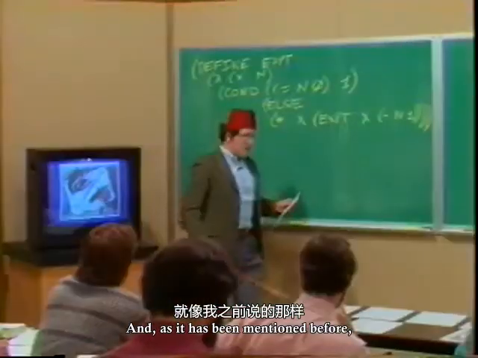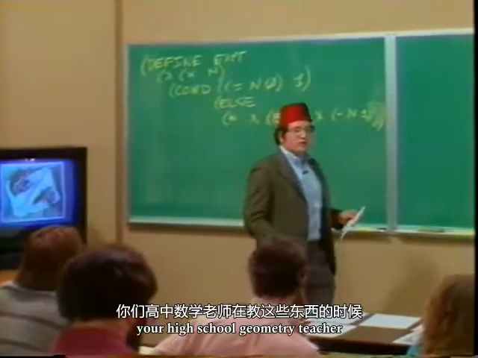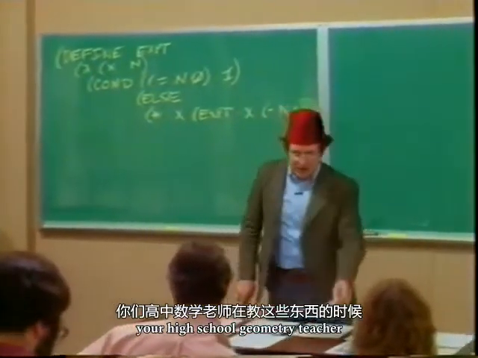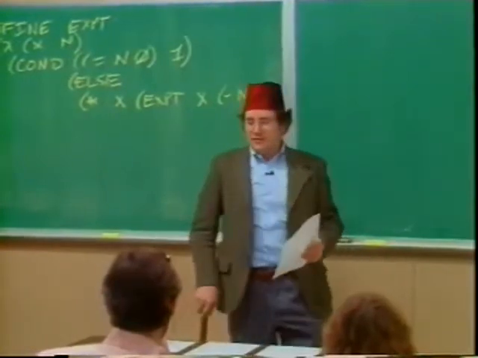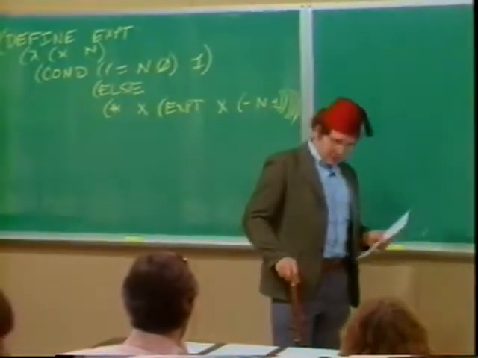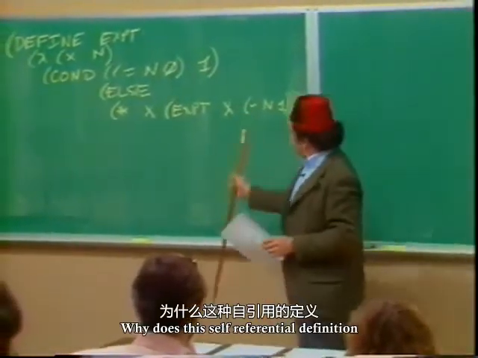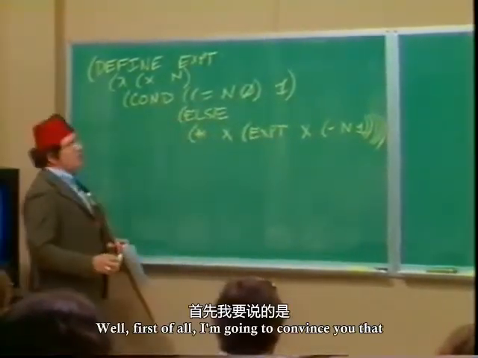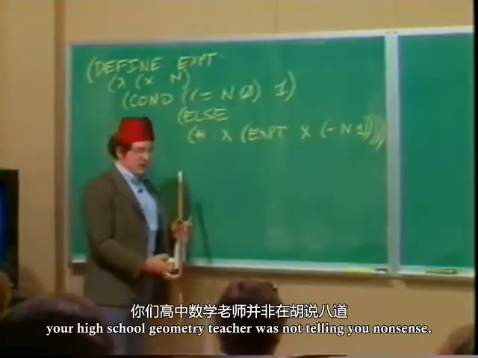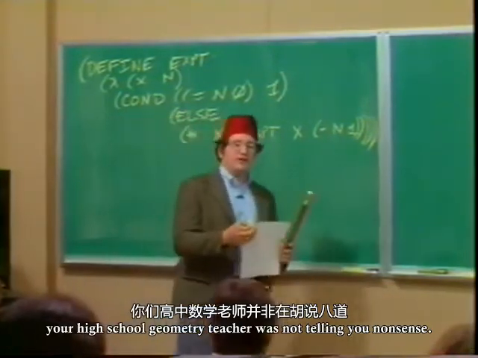And as has been mentioned before, your high school geometry teacher probably gave you a hard time about things like that. Was that justified? Why does this self-referential definition make any sense? Well, first of all, I'm going to convince you that your high school geometry teacher is telling you nonsense.